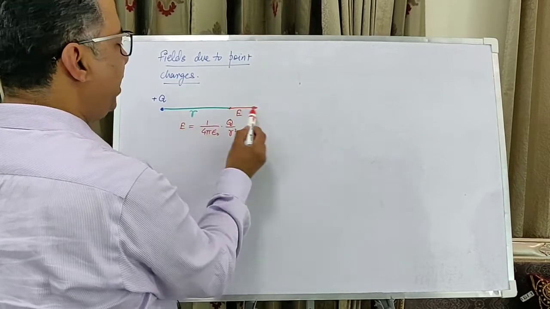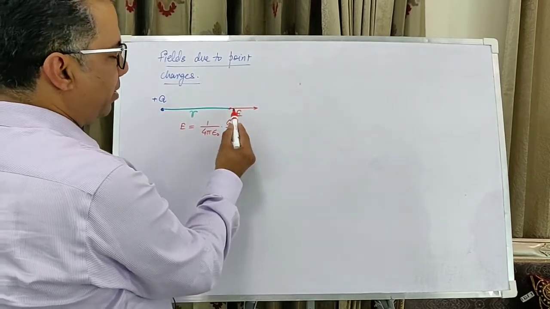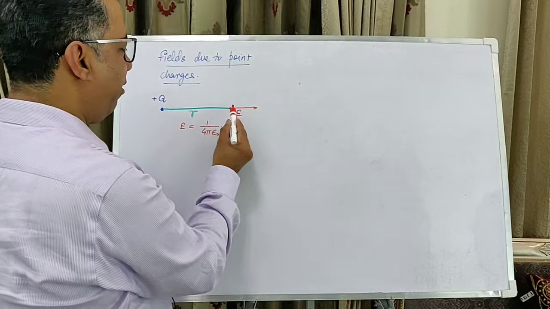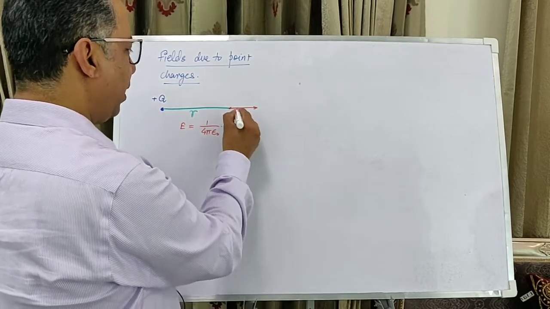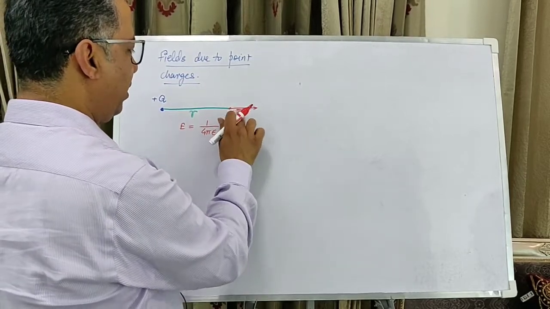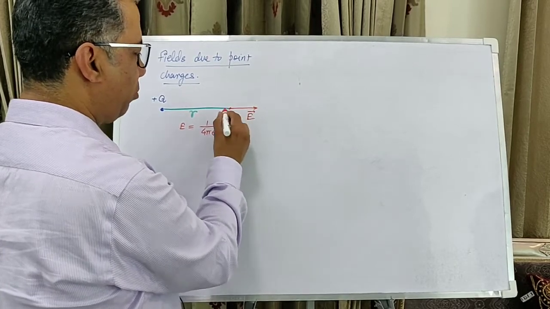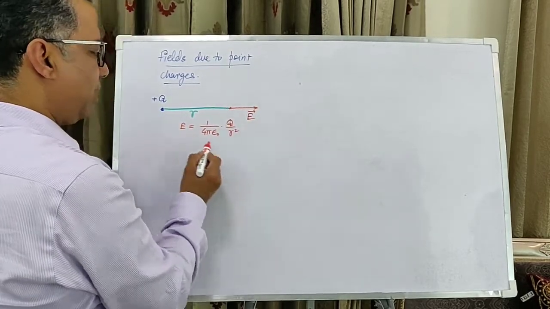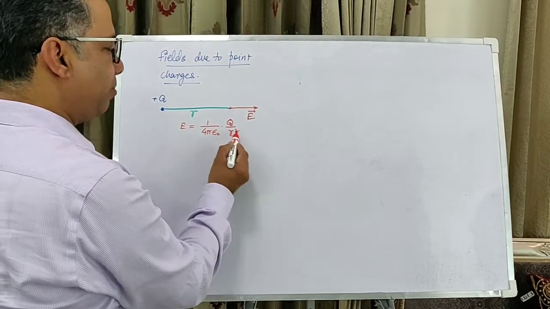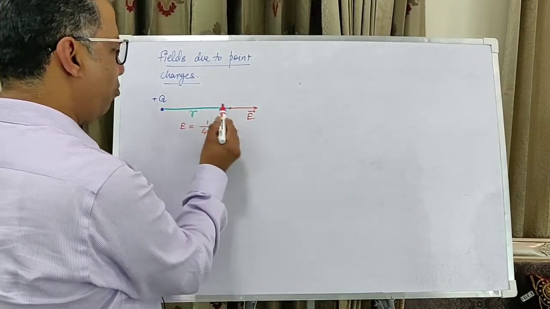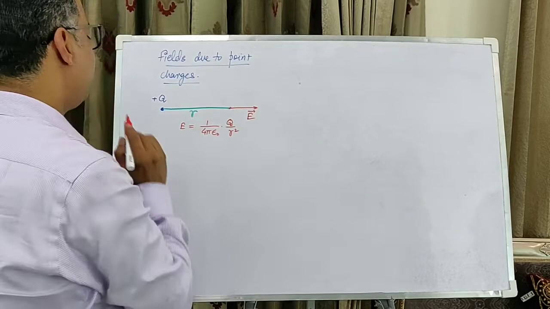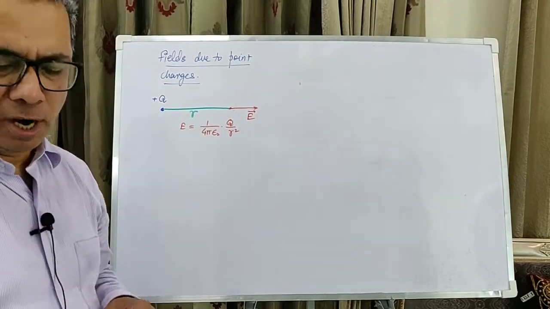Now this field will be directed radially away from the charge. I've shown the electric field vector here. This electric field vector has this magnitude, and the direction is always away from this positive point charge.